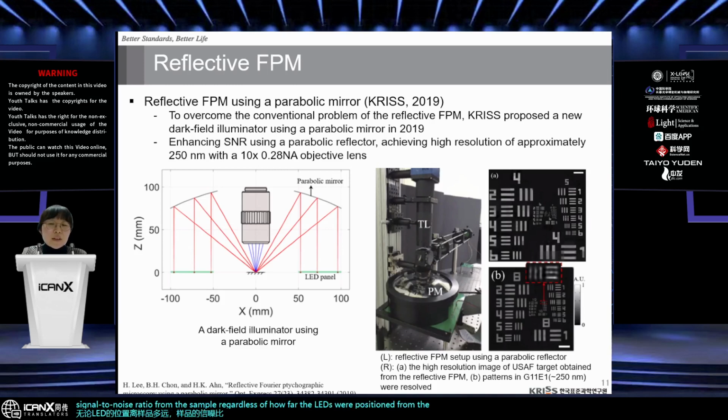As a result, by using a 10x objective lens, we enhanced the system's numerical aperture up to 1.06, allowing us to achieve a resolution of approximately 250 nanometer. The image shows a photo used to verify the system's resolution using a USAF target.